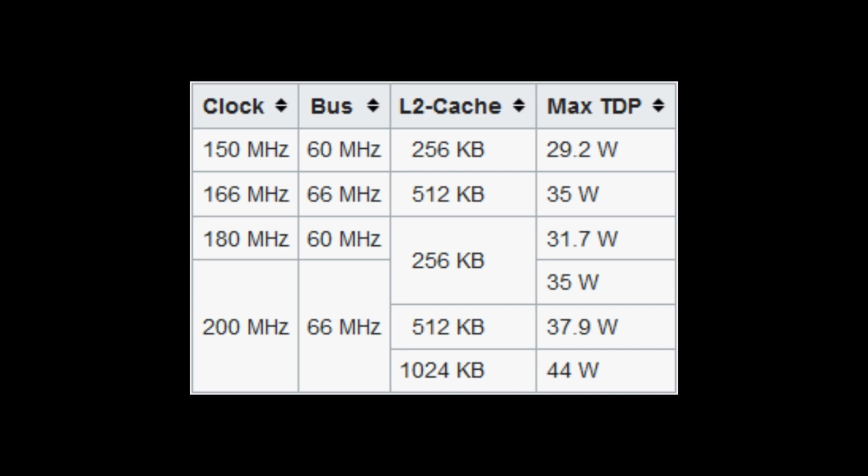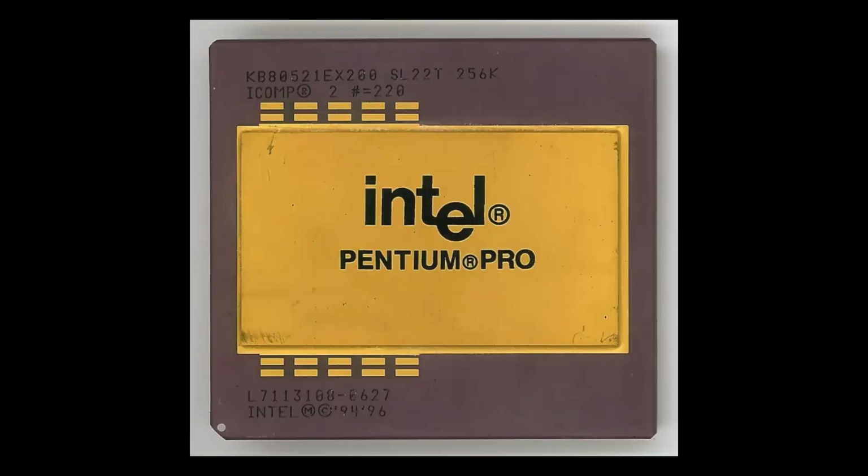In fact, the 60 MHz bus CPUs were reported to be unstable, as they clearly weren't designed to work at that speed and were frequently overclocked to work with the 66 MHz bus, increasing stability and performance.